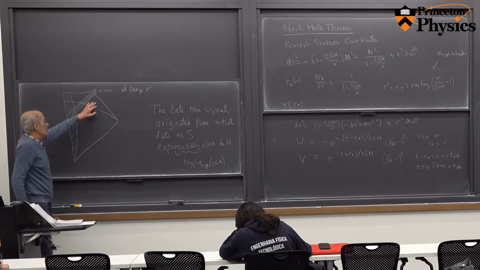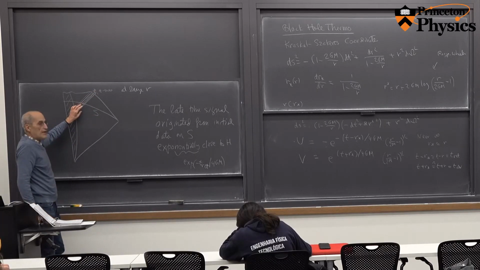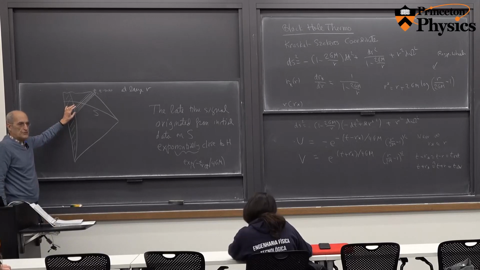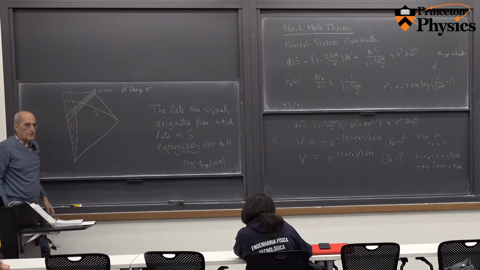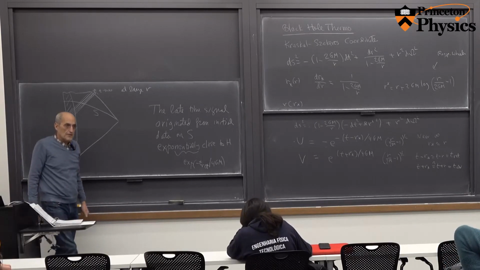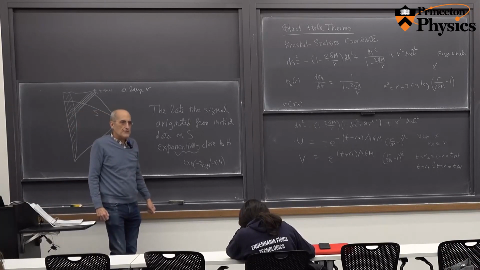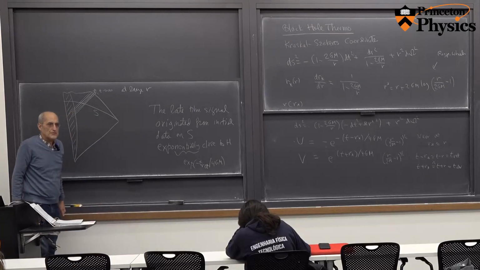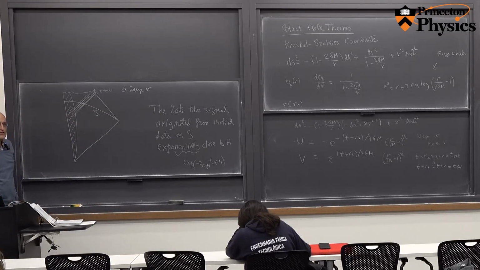And that means that when we make observations here, we're probing the quantum state very close to the horizon. So we're probing the quantum state at very exponentially small distances. But every quantum state looks like the vacuum at exponentially small distances. So the late time observations of the observer merely probe the vacuum at short distances, irrespective of how the black hole formed. That's why we are going to get a simple answer.